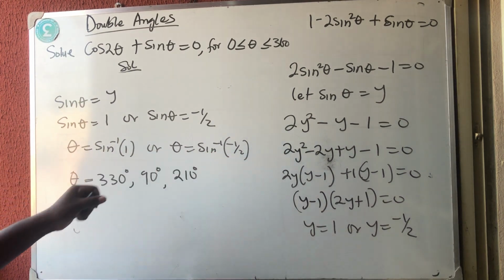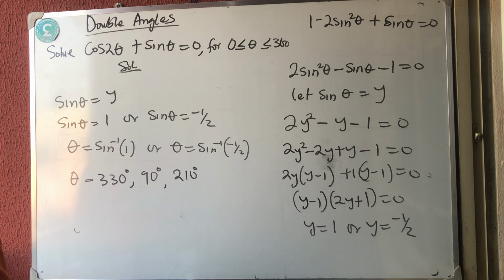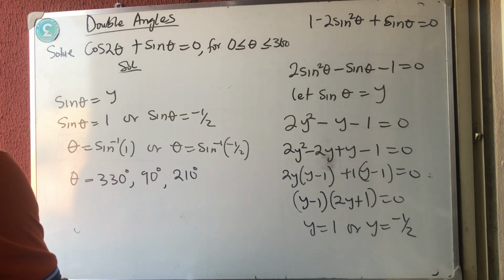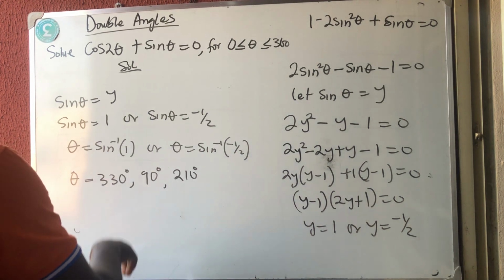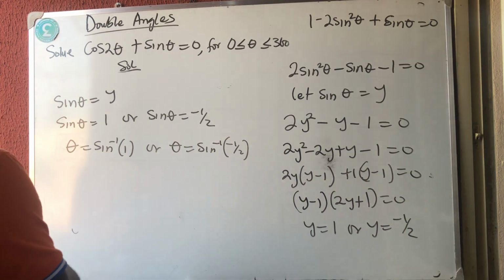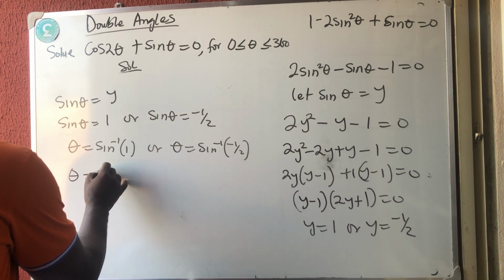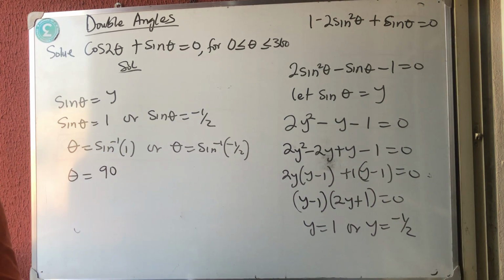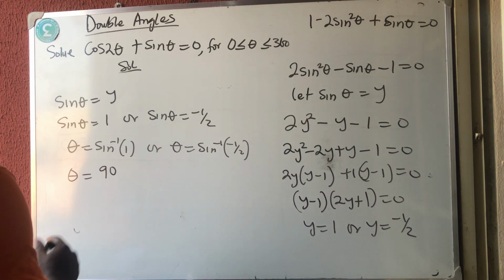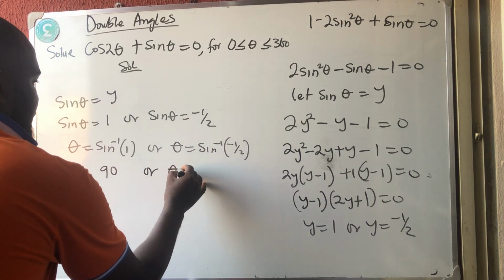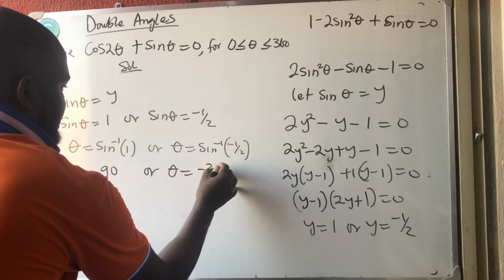This one gave us minus 30. Let me just explain. This one gives us theta is equal to 90, since sine 90 is 1, or theta is equal to minus 30 degrees.